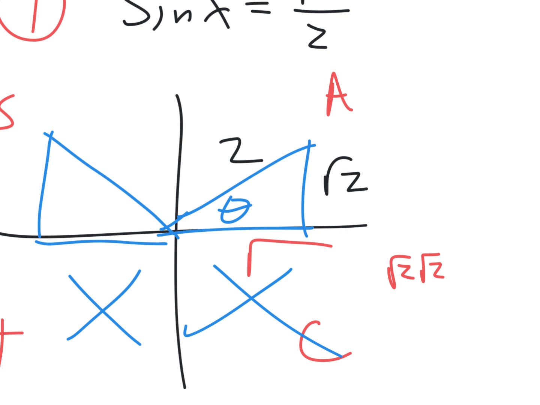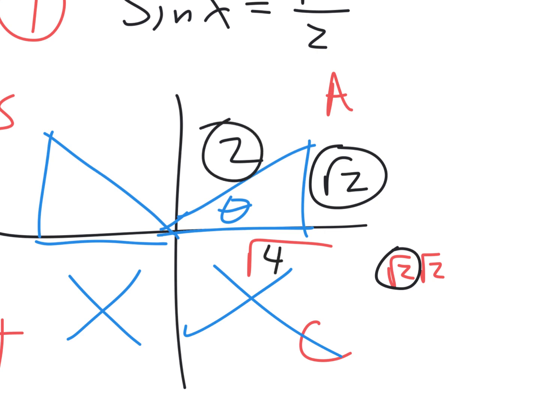This should just be automatic. You should be able to go, square root of 2 squared, that's 2, because the squaring takes off the square root, and it's just 2. So anyway, this squared is 4, that is 2, and then we subtract, and so then it's 4 minus 2.